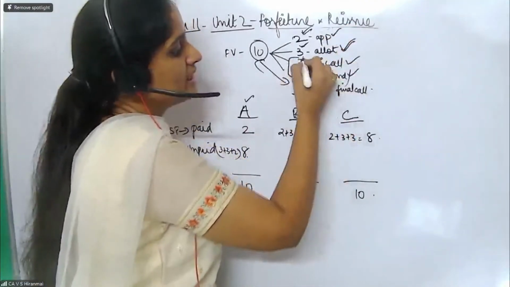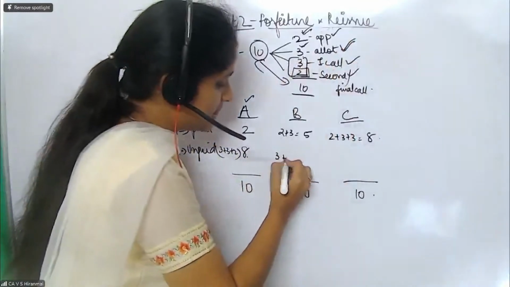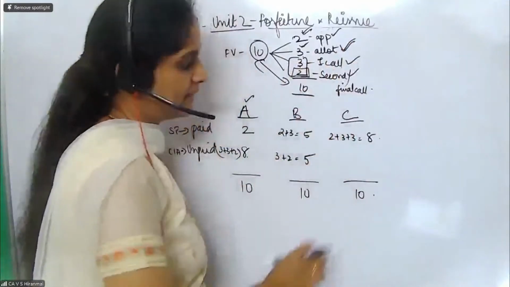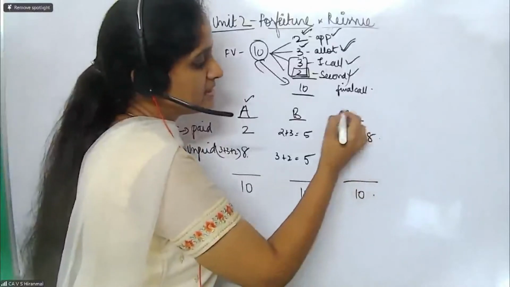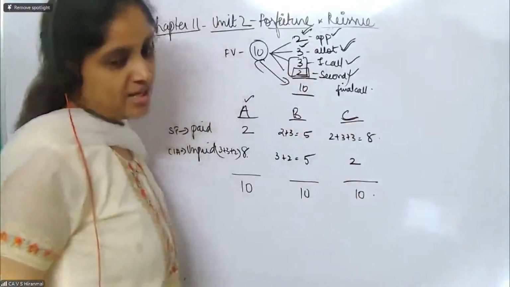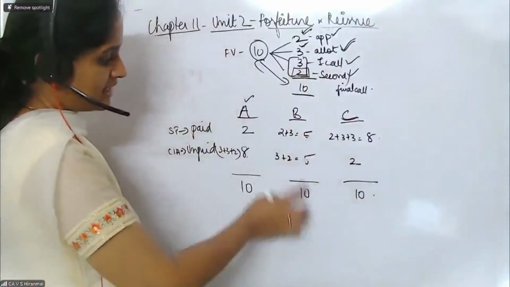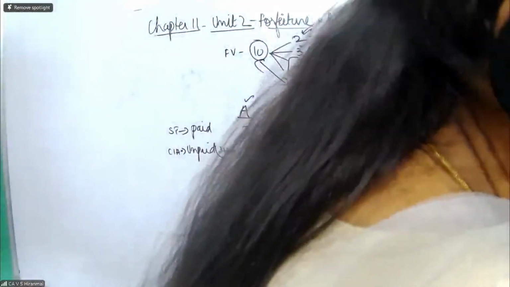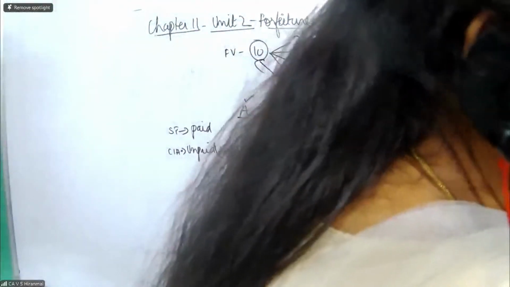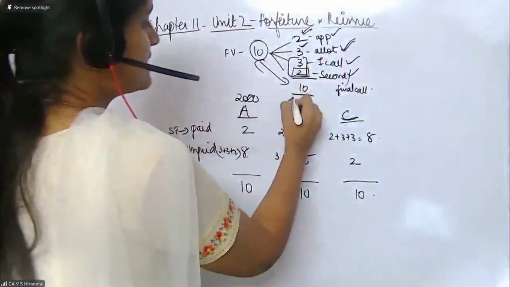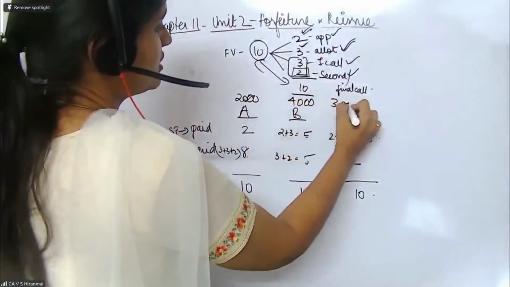He did not pay these two calls, which is 3 plus 2, 5. 5 rupees he paid, 5 rupees he didn't pay. Now come here. This person has only not paid the final call, simple, 2 rupees. Now you add 8 plus 2, 10, 5 plus 5, 10, 2 plus 8, 10. So are you getting the value? Now can we see the number of their shares? A is holding 2000 shares, B is holding 4000 shares, and C is holding 3000 shares.